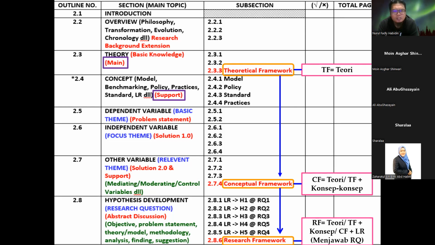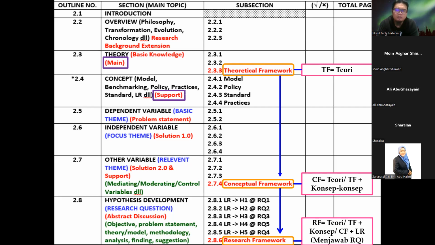It's an overview, because there are many things you want to discuss, but you cannot write them in your chapter 1, because the research background should be short, straightforward. Maybe you need to discuss five things, but you can only discuss one thing in your research background.